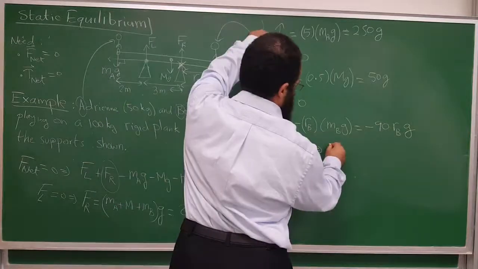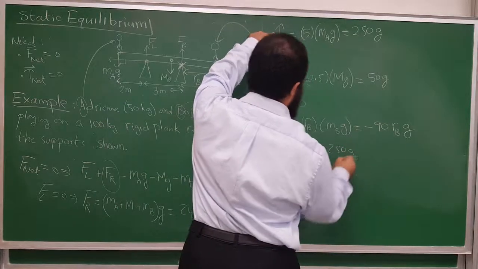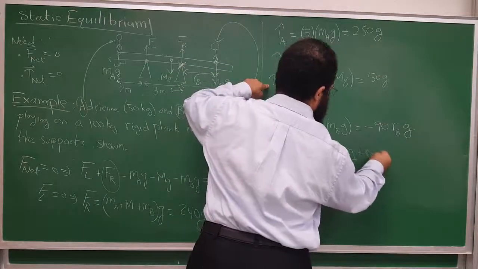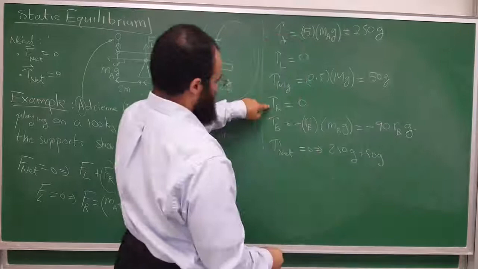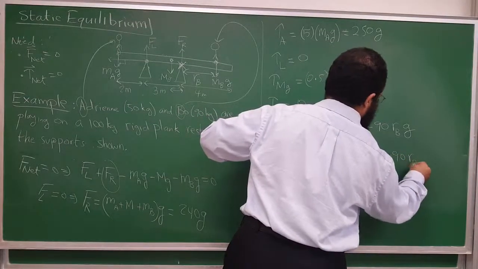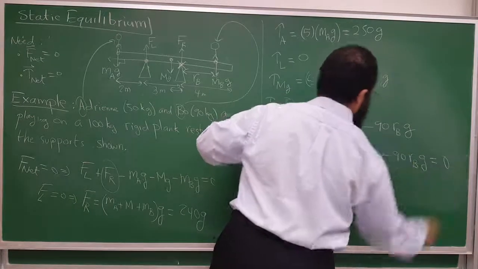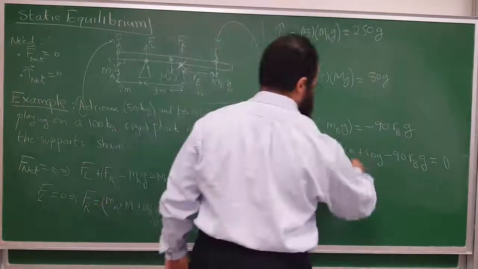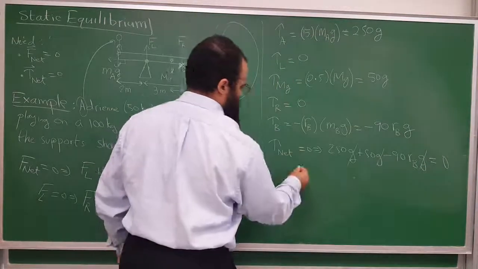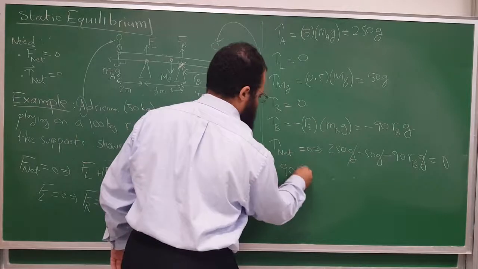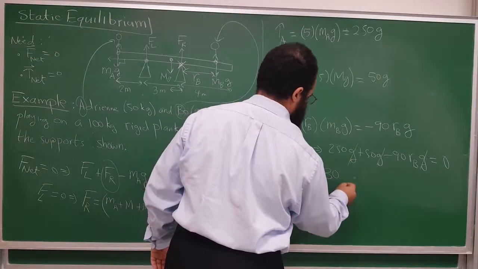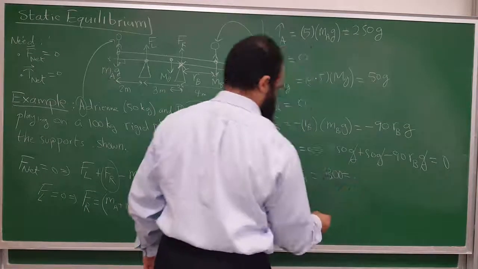So for this one, that's positive 250 g plus 0 plus 50 g plus 0 and then minus 90 R_B g equals 0. The g just goes away. Take the 90 R_B to the other side, so you have 90 R_B equals 250 plus 50, that's 300.